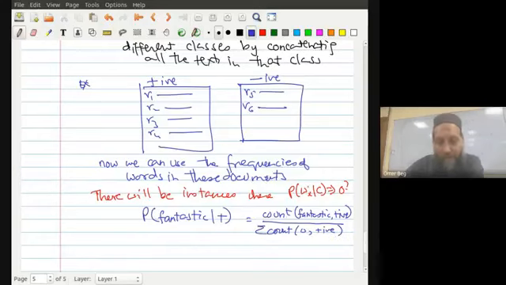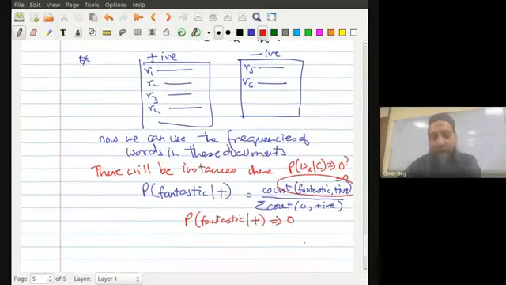But since this is 0, the probability of fantastic given the positive class is going to be 0, and that's what we don't like.